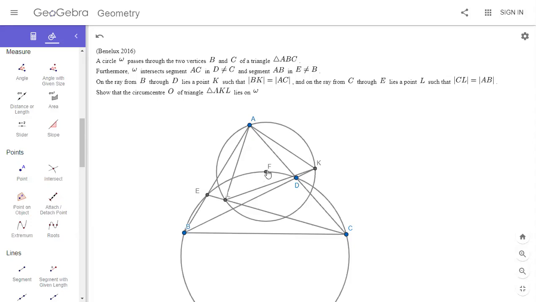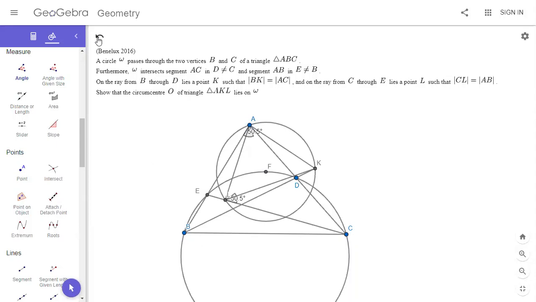So is FLC congruent? No, I was going to say FLC is congruent to FBK, but that's clearly not true. Is FLC congruent to FAB? That looks plausible.